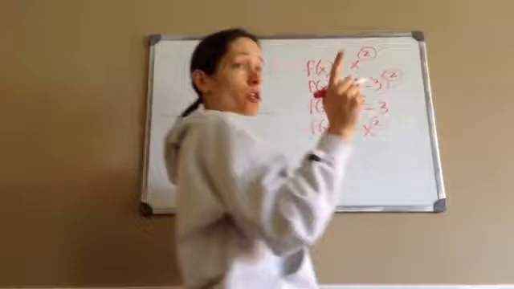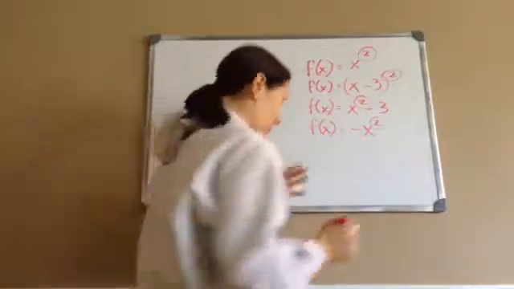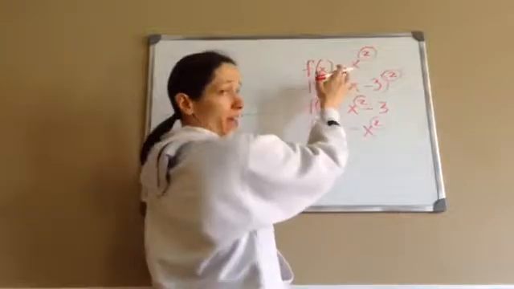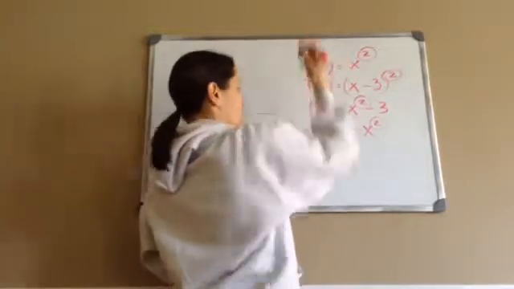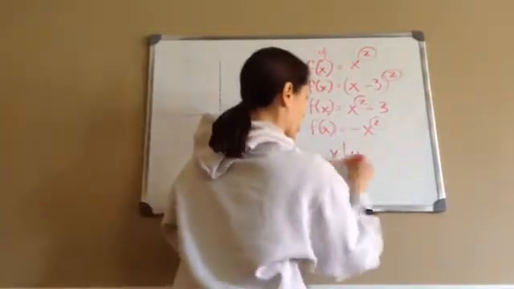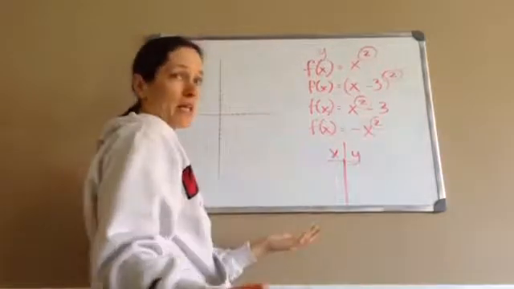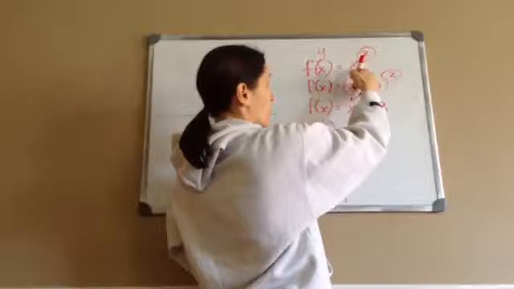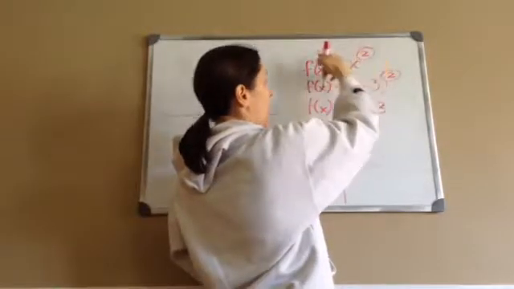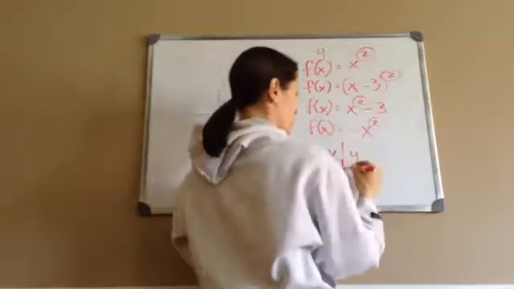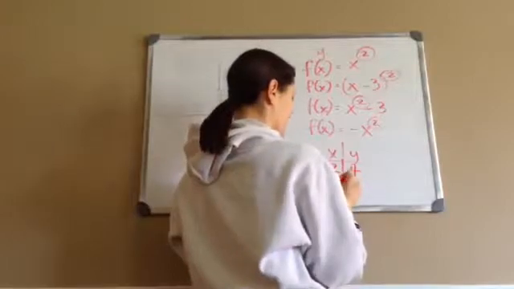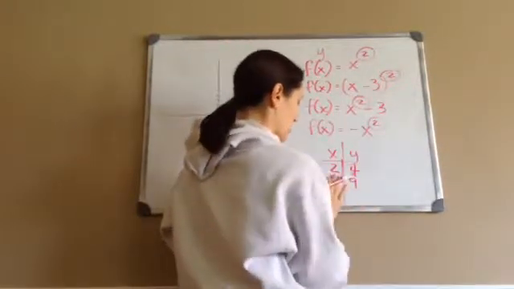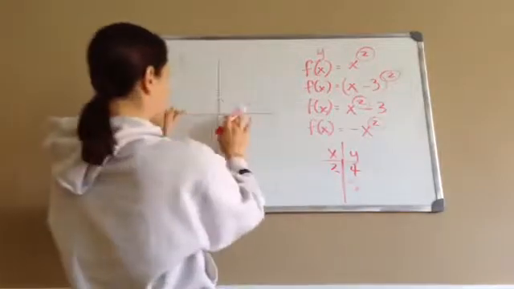Very good. So, let me show you, and I'm going to do the top one. Remember, what is f of x? Y. Okay, so if I were going to make an xy chart, I can pick any x. 2 is my x, so my y is 2 times 2, which is 4. 3 times 3 is 9. Actually, I'm going to go lower because I don't have 9 ticks.